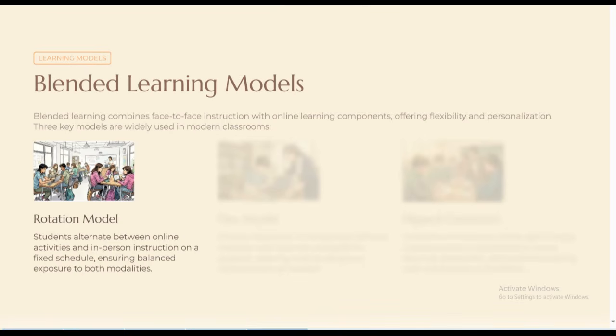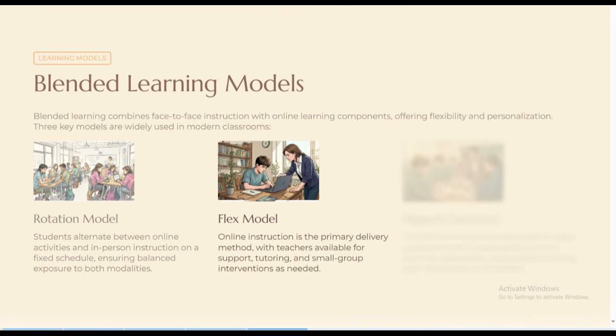You can use this and also alternate it with the in-person instruction, which is the face-to-face. And depending, there are fixed times for that. It can be in a particular class. It can be done over time during a lesson period, depending on the duration of the lesson. So that's the traditional model.